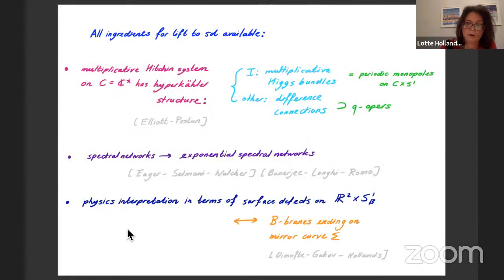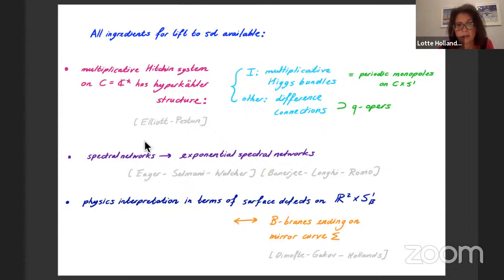So all the ingredients for a lift to 5 dimensions are available right now, because we know a lot about multiplicative Hitchin systems, in particular that they also have a hyperkähler structure, where they're described in complex structure I by multiplicative Higgs bundles, and in other complex structures by difference connections.